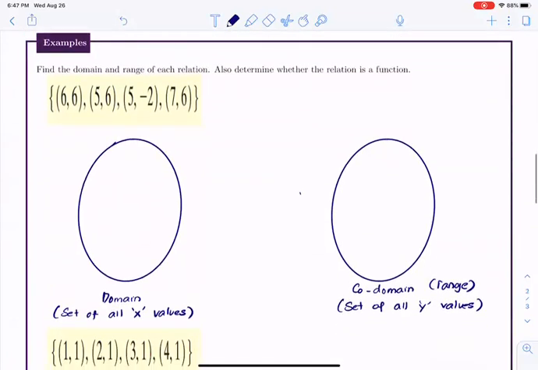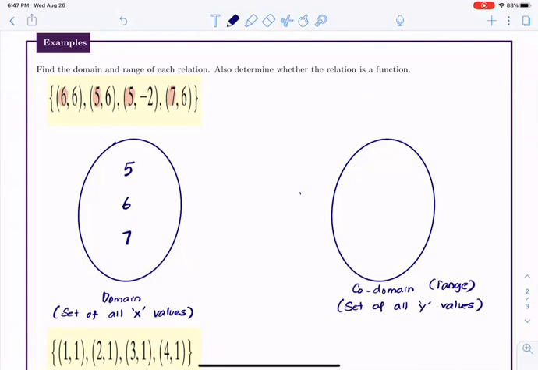So that said, we know an ordered pair has x and y values. In this problem, or in any problem, the first number of the ordered pair would be the x value. I see 6, 5, 5, and 7. 5 is repeated twice, so I'll simply write it as 5, 6, and 7.